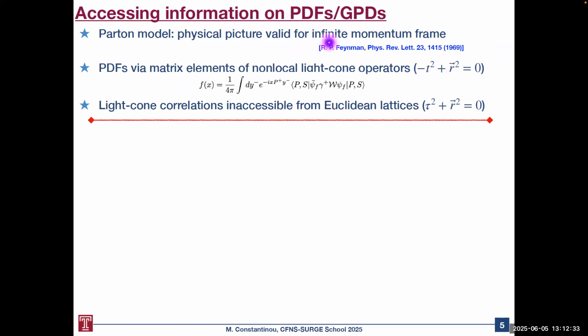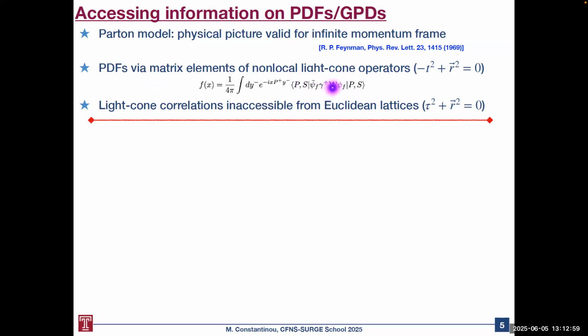And according to that, we have basically here a correlation function that has the external states of the hadron. And then you have inside an operator that probes hadron structure. For this particular case of PDF, we have the external states with the same momentum, so there is no momentum transfer.